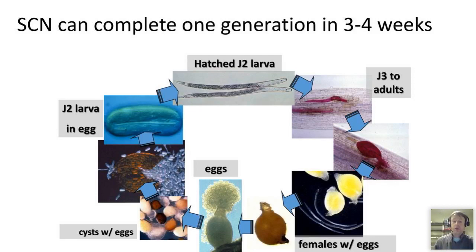The females can produce anywhere from a couple hundred to several hundred eggs, and those eggs can survive in the soil, as Shannon mentioned, for multiple years. And this actually becomes pretty important when we talk about control strategies. Once the female dies, her body will change color from whitish to a dark brown color.